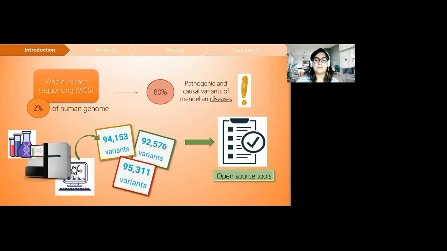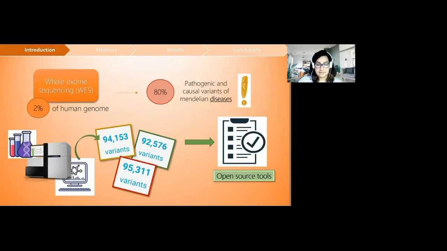However, a standardized and detailed protocol does not exist yet, and this is crucial to get reliable and reproducible results. Whole-exome sequencing generally captures approximately 100,000 variants per sample, and any difference in data management may drastically change the results in the end.